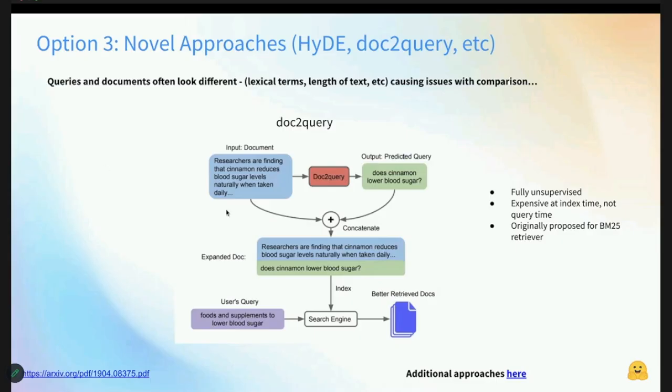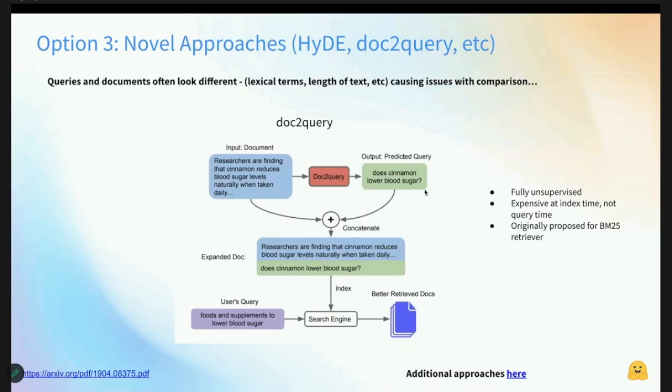And so there are methods like this where, at index time, when you go to actually embed all of your documents, you take the document and pass it through a generative model that attempts to generate a hypothetical or predicted query. So, what is a query that this document would satisfy? Now you have some language that is more similar to and representative of what queries for this document will be.